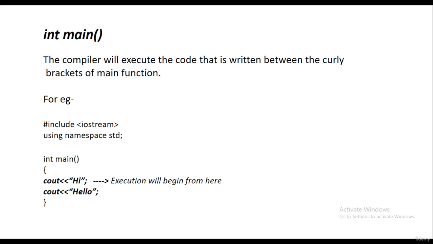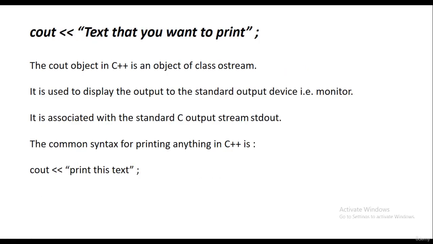For example, if I add one more line here, cout hello world, the output will be: first it will print hi, that's the first line of the main function, then it will move to the next line, that's hello, and the third line will print hello world. So the important thing to note here is that the execution of your code will begin from the first line of the main function. This is important to remember.